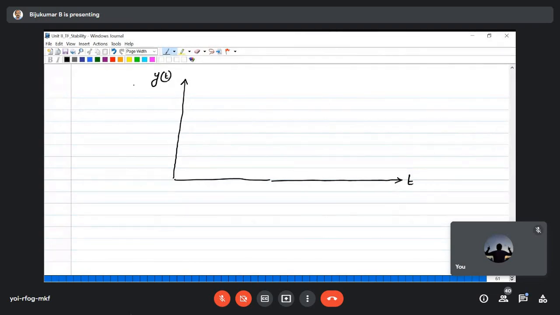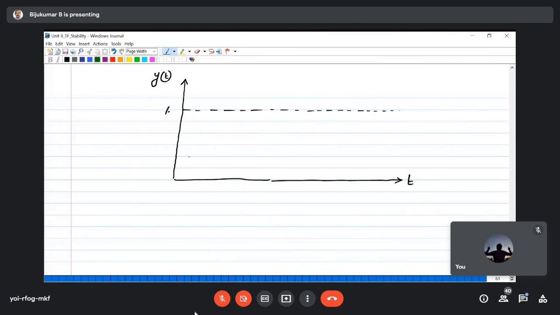Suppose the system input is a unit step input. Obviously, the steady state value will be 1, right?